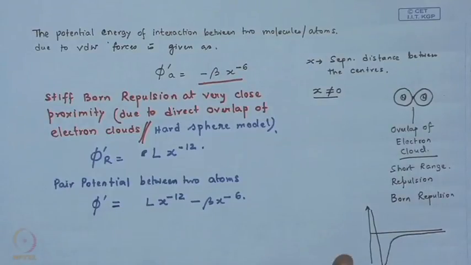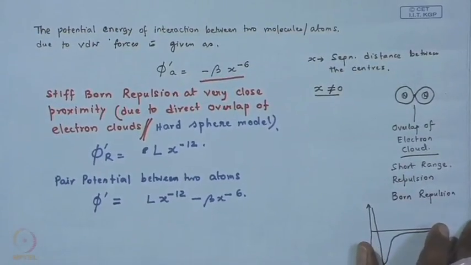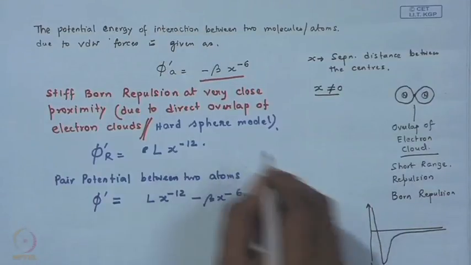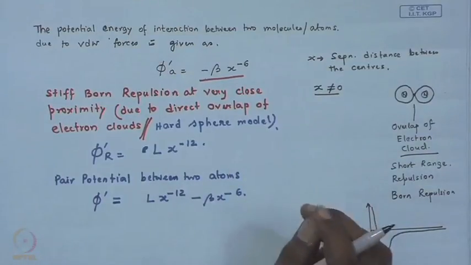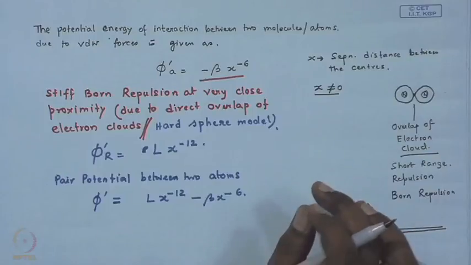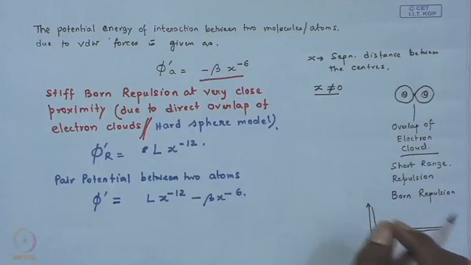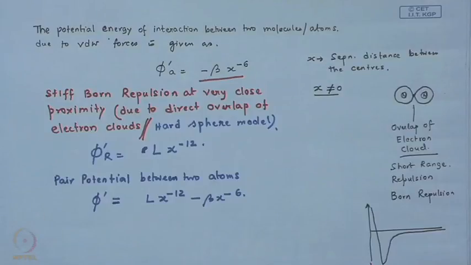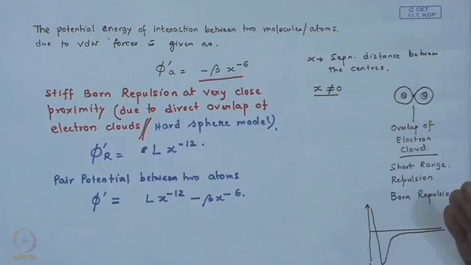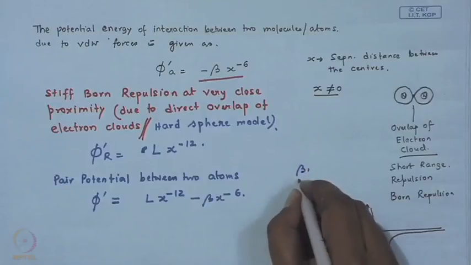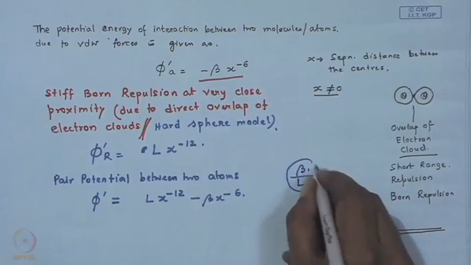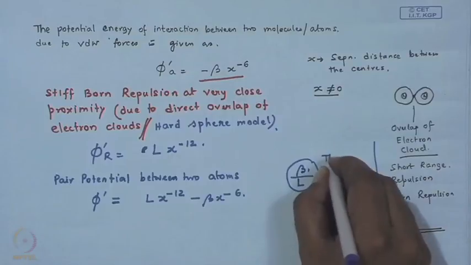So, let us try to understand this is the pairwise potential energy of interaction between two molecules or atoms, whether they are of the same species or of different species. Depending on the species, how the properties of individual atoms, individual molecules, their molecular radii come in, that comes in through these two constants beta and L. So, these are material specific constants.